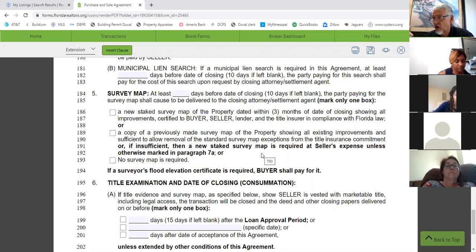That's where the buyer's costs are enumerated. If you say the buyer's going to pay for any survey, then that would come into play, even though you marked a previously made one. If it wasn't acceptable, then they'd have to do one, and the buyer would pay for it. Normally, if you didn't mark either survey, it says here the seller would be responsible for paying for it.